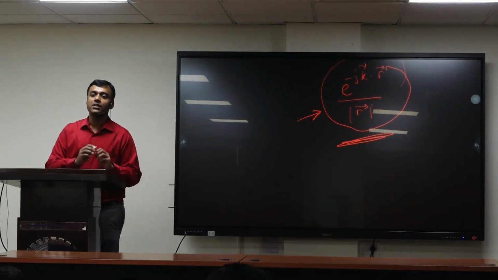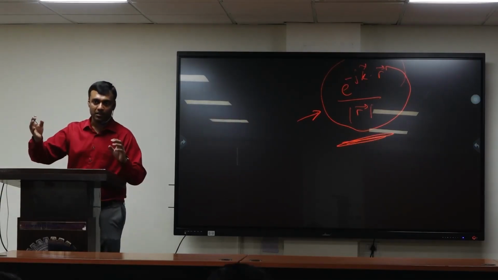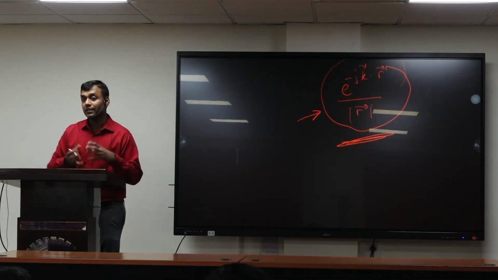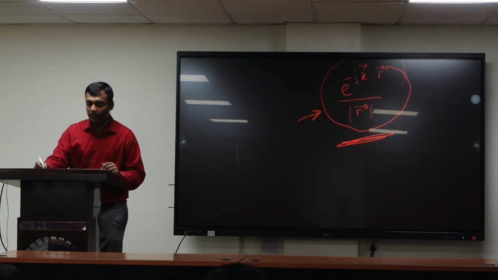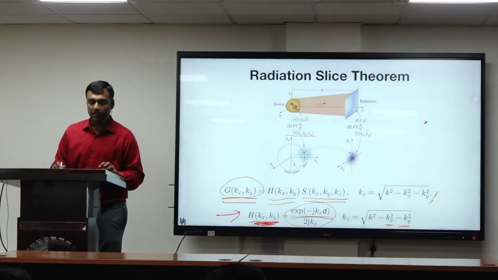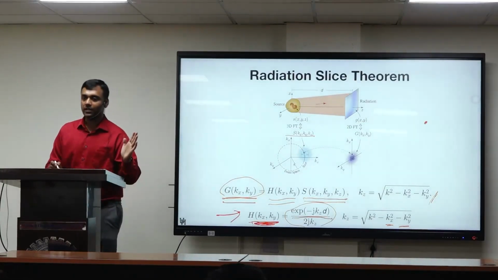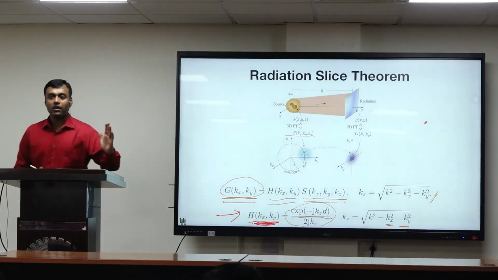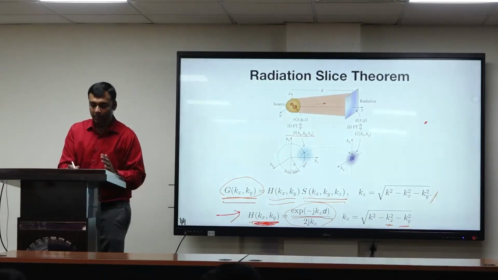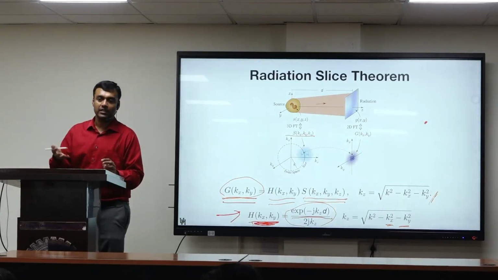How much light has propagated, how much distance, in the Fourier domain, that's essentially the filter. In the Fourier domain, light propagates as e to the jkz z.